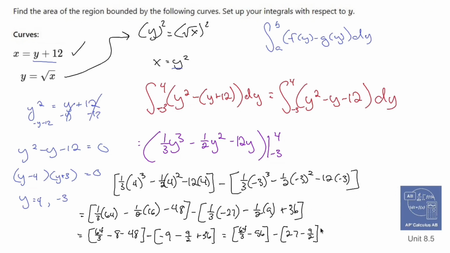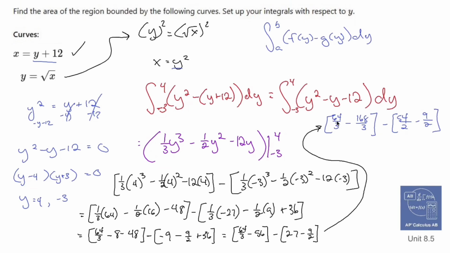Let's move this up here. Do I need to? I kind of do. Let's move this up here where I have a little bit more space. You are going to become 64 thirds minus 168 thirds minus 42 halves minus 9 halves.